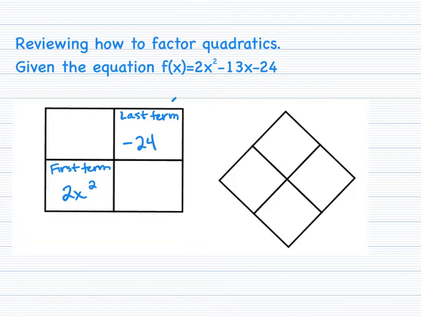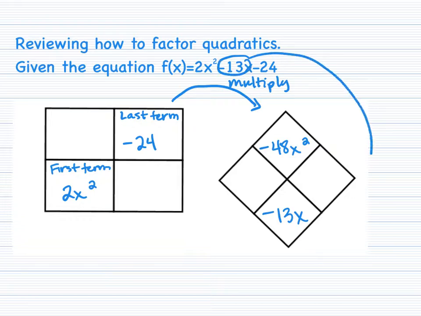We take those two and we multiply them to get the top number. So that is negative 48x squared. Then we take our middle term, negative 13x, and we put that on the bottom.